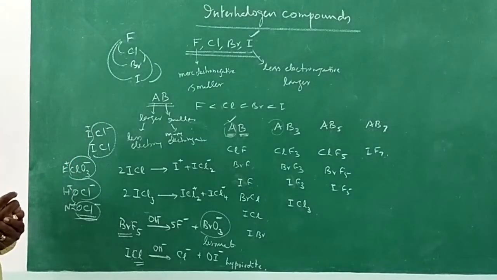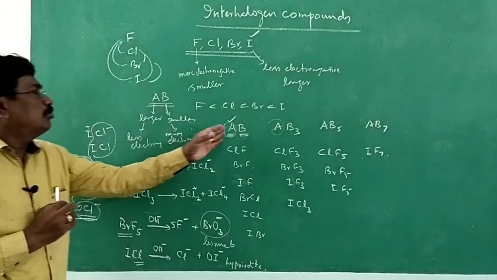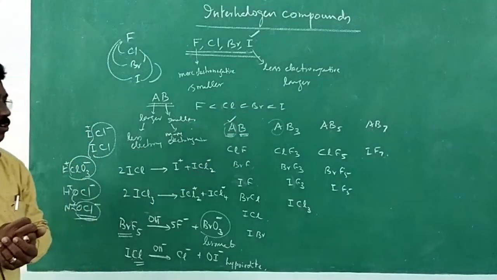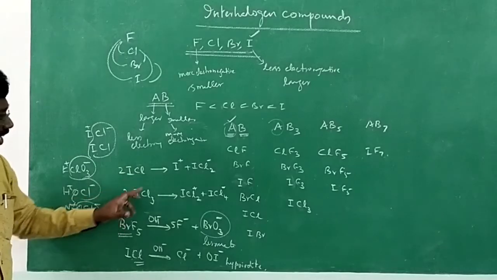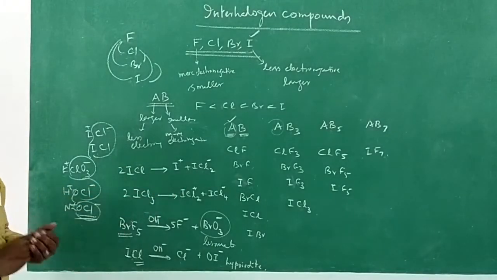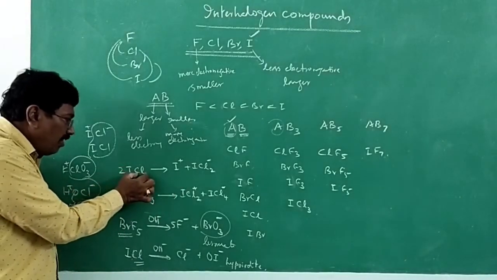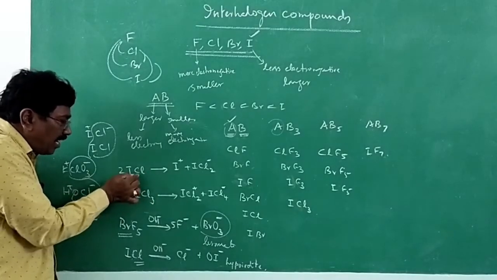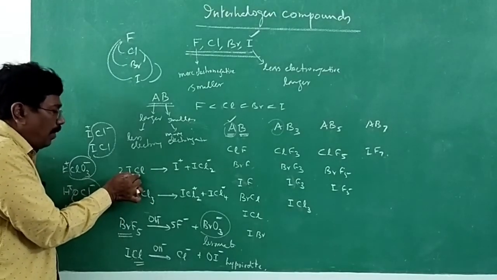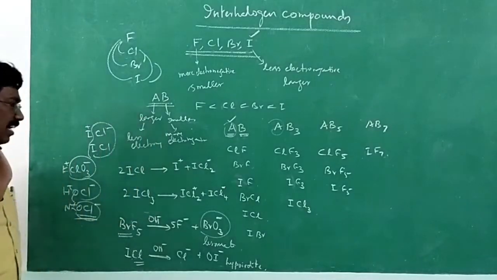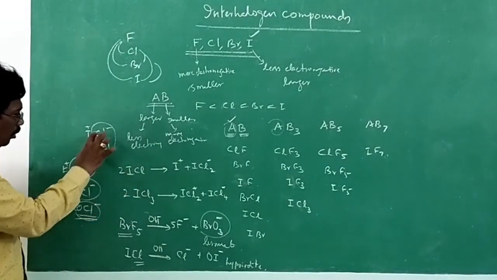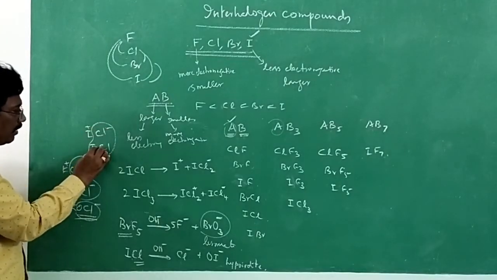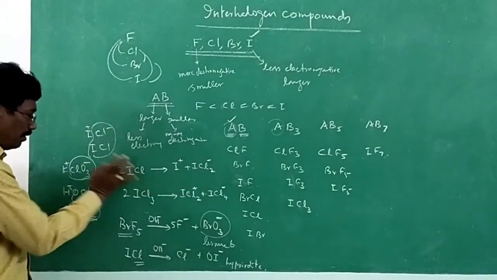Due to the high electronegativity, it makes the other atom show higher coordination number, and interhalogen compounds can undergo autoionization. The smaller one will become negatively charged, and the larger one, by taking one or a few more negative ions, can become a negatively charged ion. Here 2 ICl, among 2 ICl, 1 Cl minus is taken up by this one, therefore ICl2 minus, here I plus.